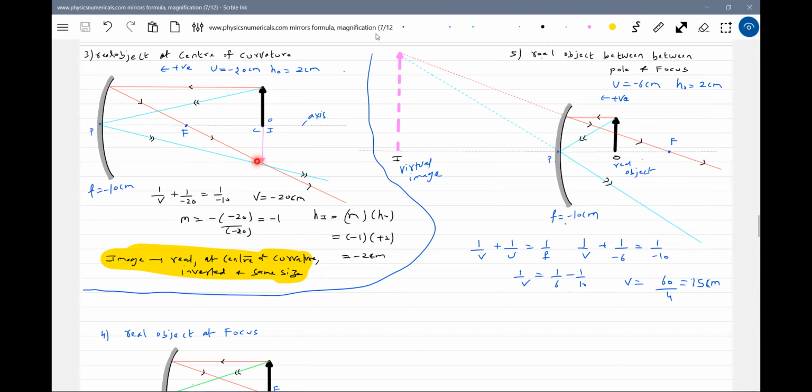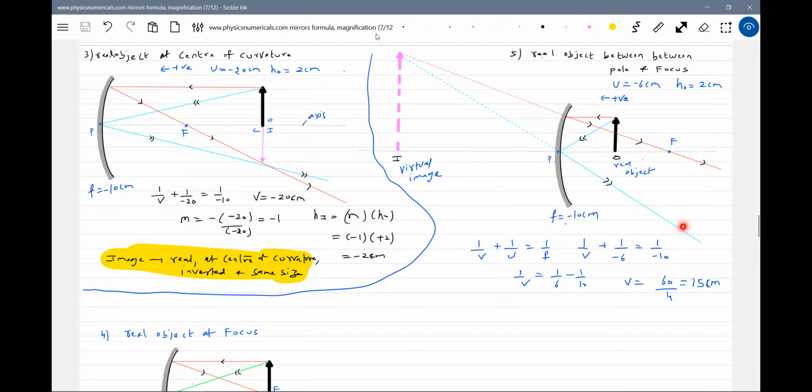Look at this image formed. It is formed by converging reflected rays, so therefore this image must be real. This image I is formed by converging reflected rays. Look at this image. It is formed by diverging reflected rays. I'll send a ray parallel to the principal axis; after reflection it will pass through the focus. I'll let the incident ray strike the pole of the mirror; after reflection it should diverge from a point.